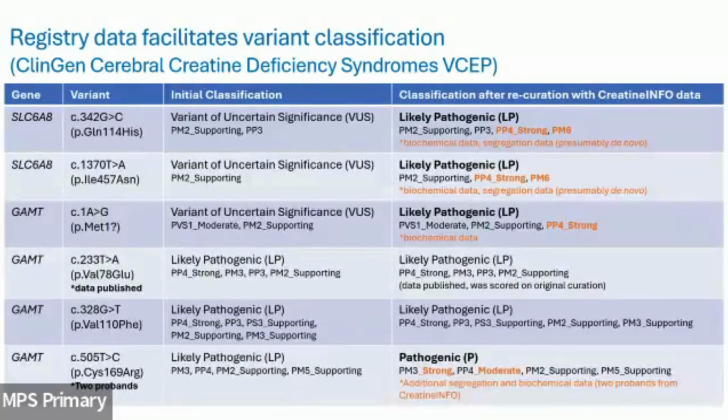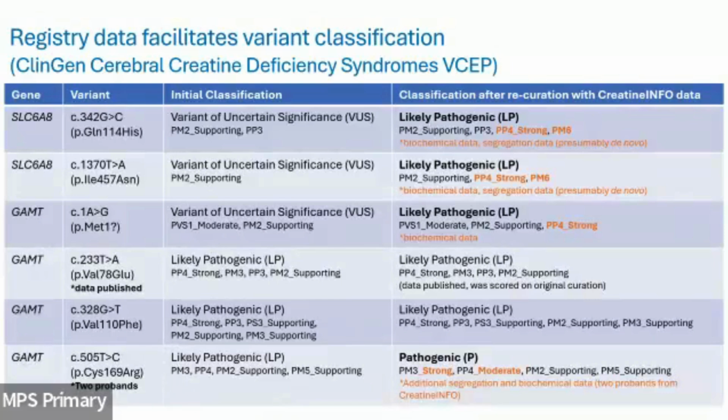And just to give you an example of how useful this information is, I actually work with another expert panel as well for the cerebral creatine deficiency syndromes. And like you, they have a patient advocacy organization called the Association for Creatine Deficiencies. They have a registry. That registry data is shared via Genome Connect. And we have been able to shift the classification of several variants. It's just a small number so far.